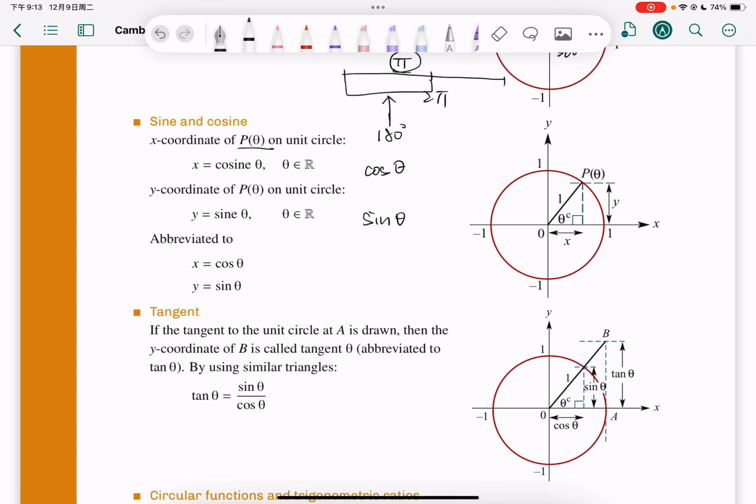So the coordinates x, y are actually equal to cos theta, sine theta, where theta is this angle over here. Numerically, cos theta represents the x coordinate value, and sine theta represents the y coordinate value.